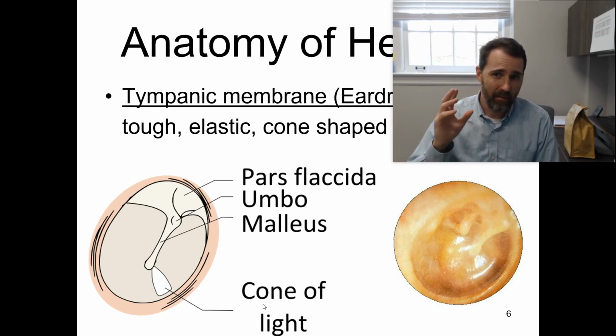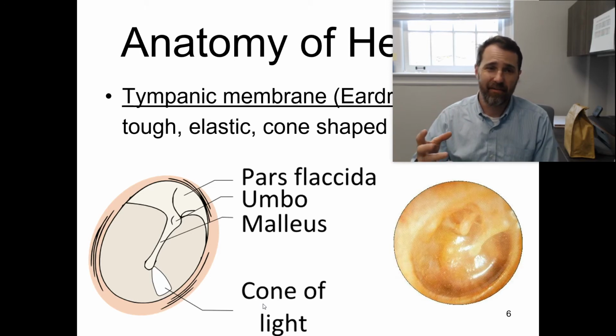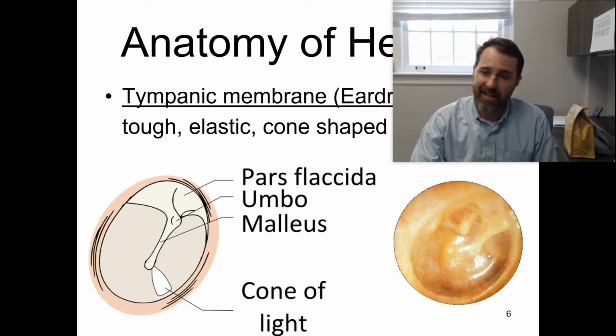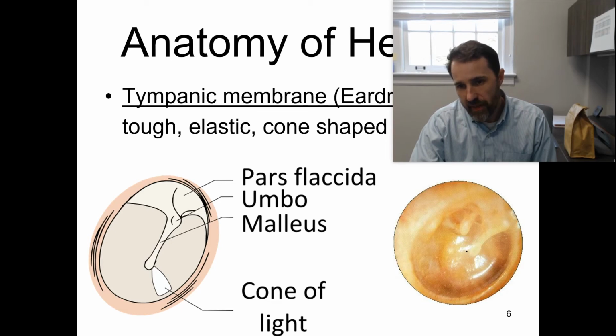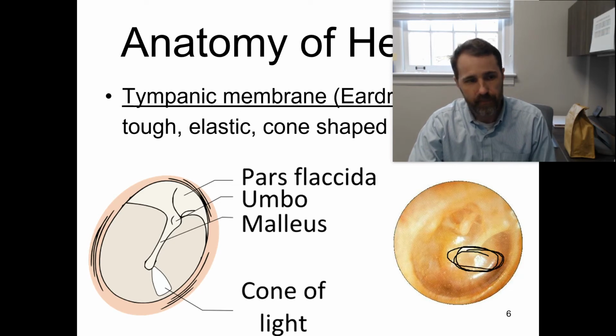If it's a child, I'm looking in their ear just to see if there's something in there, like a Lego or something. I'm looking in there to see if I can see this thing right here. You see that? That is known as the cone of light.